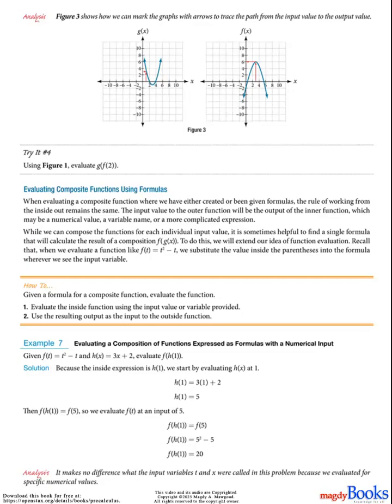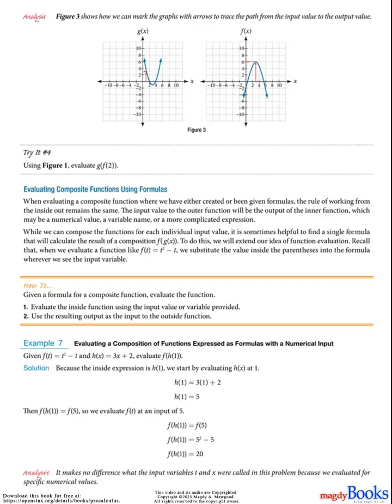Because the inside expression is h of 1, we start by evaluating h of x at 1. h of 1 equals 3 times 1 plus 2. h of 1 equals 5. Then f of h of 1 equals f of 5, so we evaluate f of t at an input of 5. f of h of 1 equals f of 5. f of h of 1 equals 5 squared minus 5. f of h of 1 equals 20.